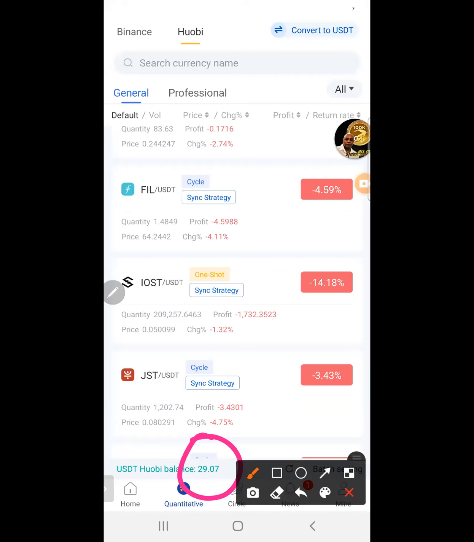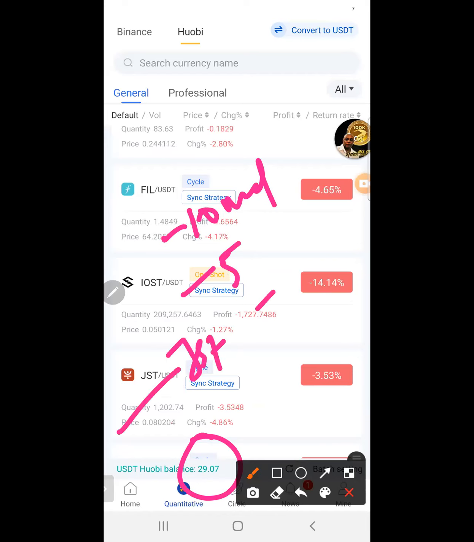It's just a way for people, some people like to make more. When that strategy buys 10 USDT for them, they know they're going to make 1.3% of 10. Some people don't want to make only 1.3% of 10, especially if the market is moving, they want to make 1.3% of maybe 30, which is more than 10, right?